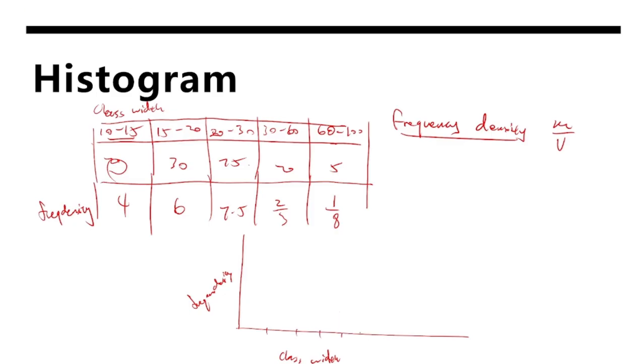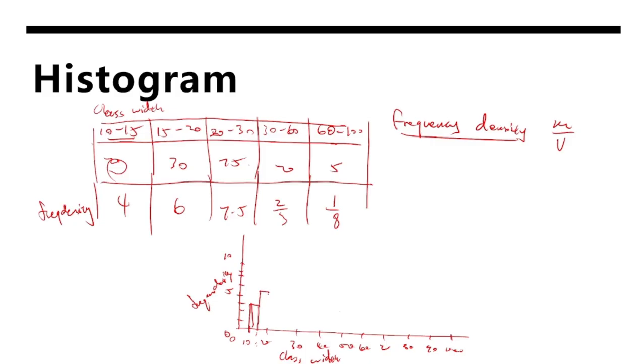So if it's something like this, 0, 10, 20, 30, 40, 50, 60, 70, 80, 90, 100. Then our first part, 10 to 15, with a value. So let's say this is 10, this is 5, this is 0. We have a value of 4, so it will be a bar like this. So here will be 15. Then 6, we'll have a class width of 15 to 20 with a value of 6.